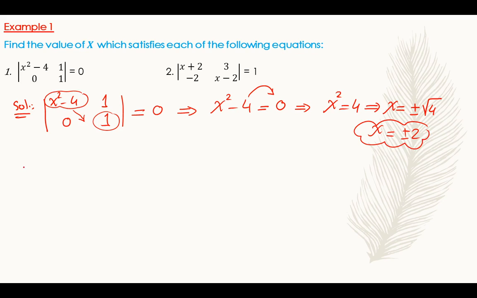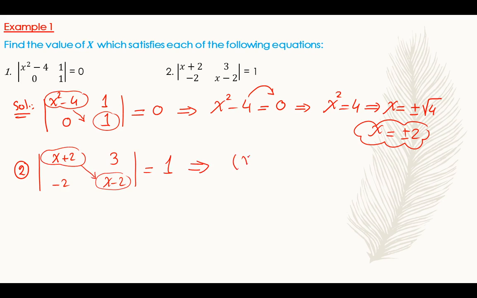Okay? Example 2. Here we have x plus 2, 3, negative 2, x minus 2. This is a tricky example. Okay? Multiply the elements of the principal diagonal.